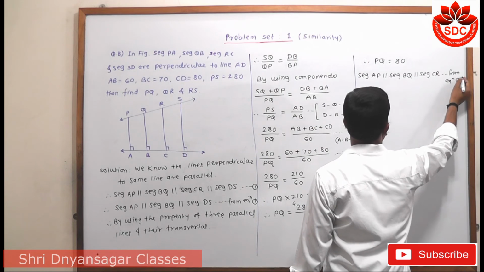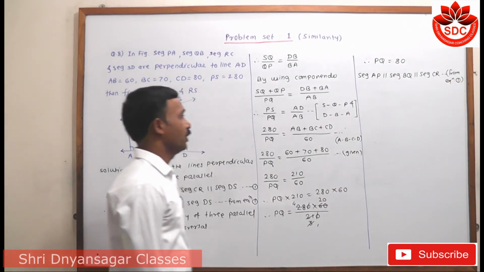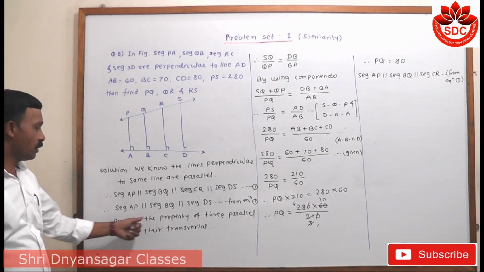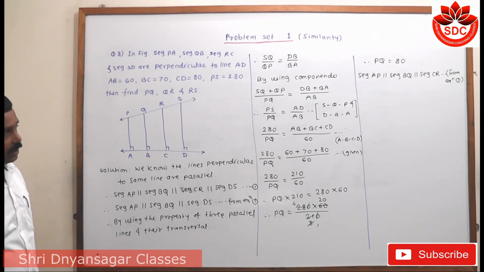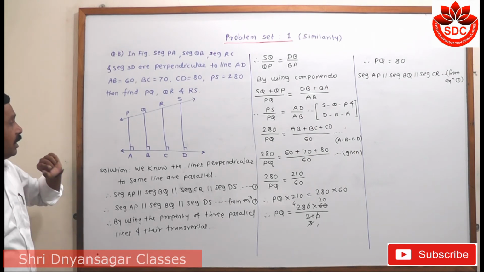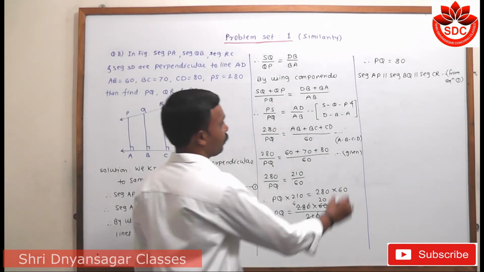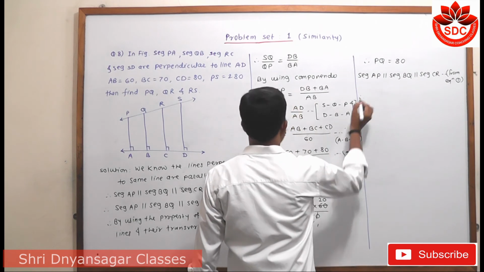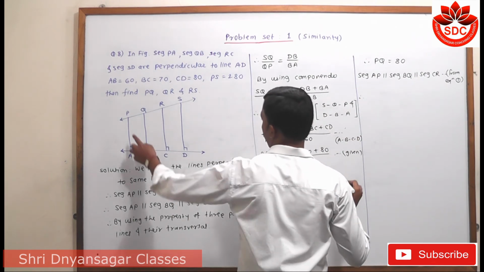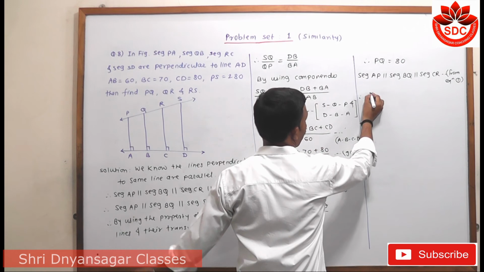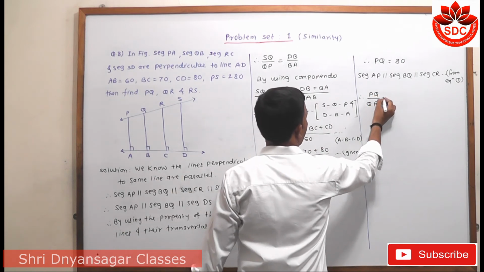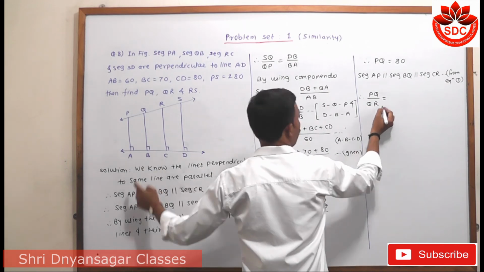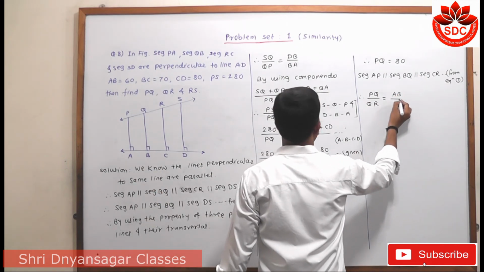Again we use this theorem, the property of 3 parallel lines and their transversals, and apply it directly here. Which ratio is equal? We take PQ upon QR is equal to AB upon BC.